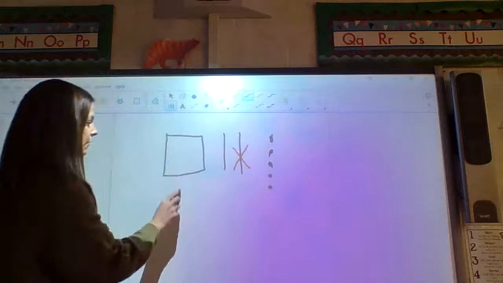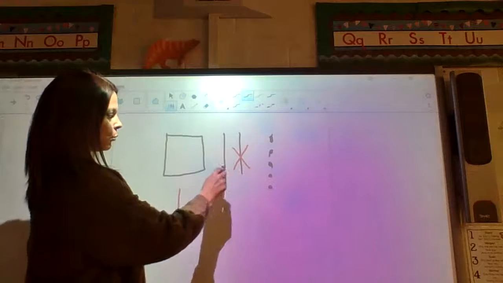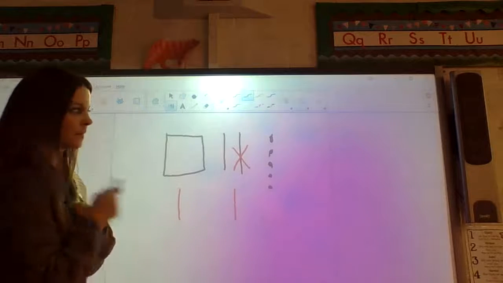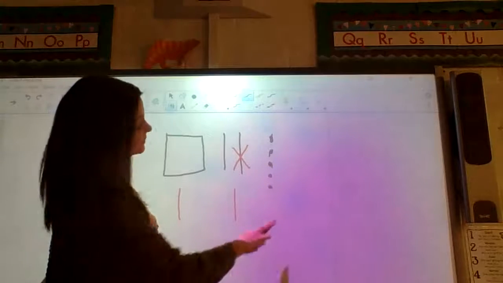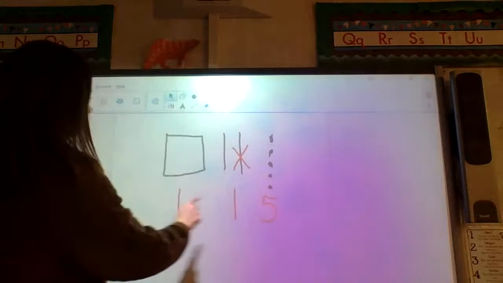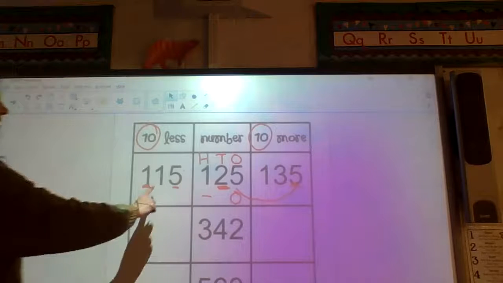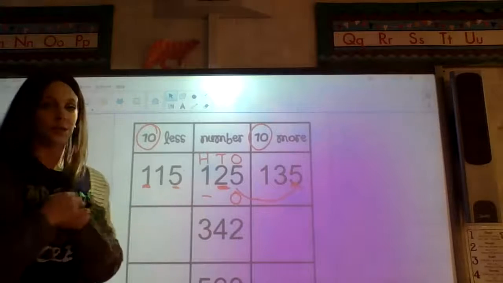Nope. So I still have 100. Oh, I only have 1 ten left. But I didn't do anything to my ones either, so I still have 5 ones left. So we should have 115, which is exactly what we had written here.